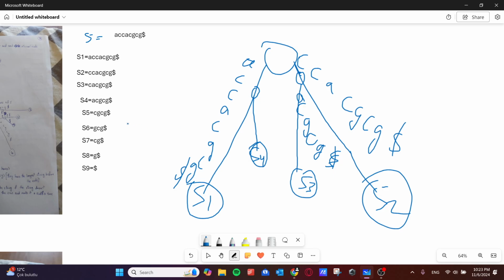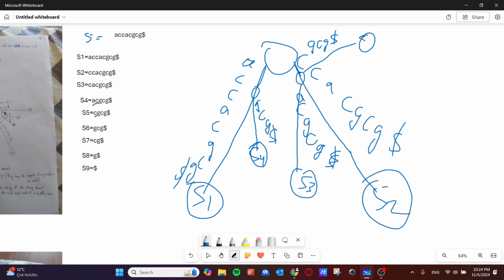Then this is S4. I have AC, AC, then GCG dollar sign. Here I have CG. I have C here, but I don't have G, so I put another node. So I have C, G, C, G dollar sign.